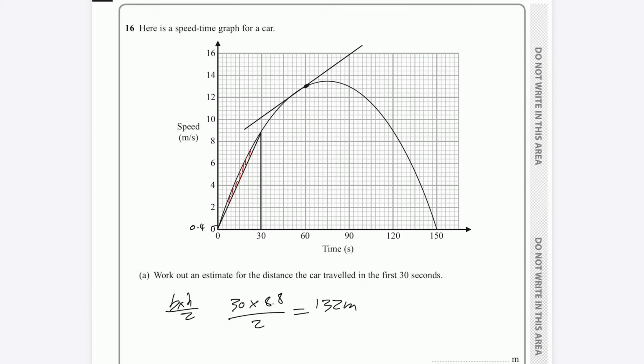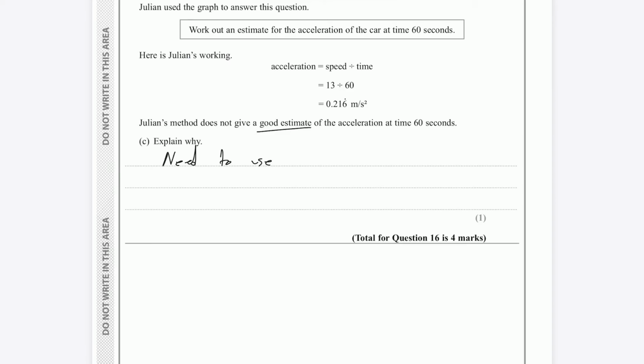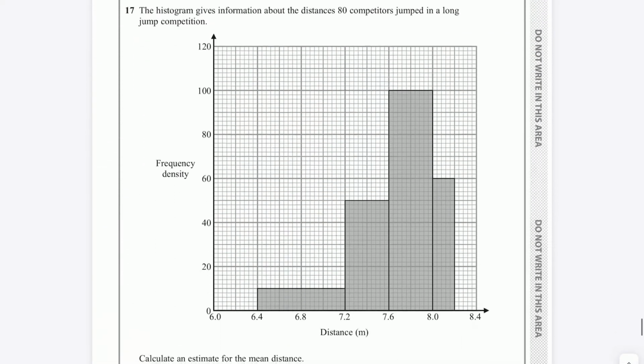Once you've worked out that tangent, you'd use the gradient of the tangent to find the acceleration. So it doesn't give a good estimate, so essentially you can write exactly that, that you need to draw a tangent at 60 seconds.